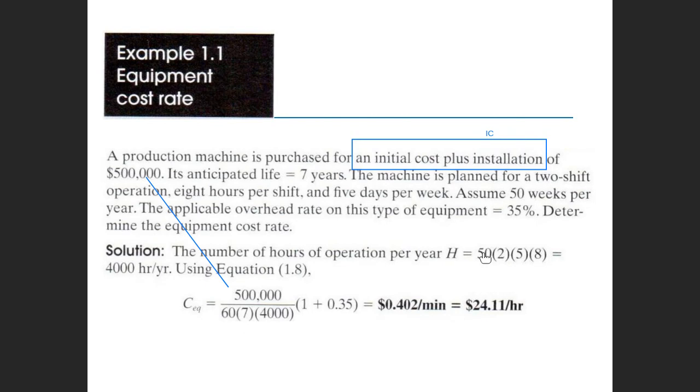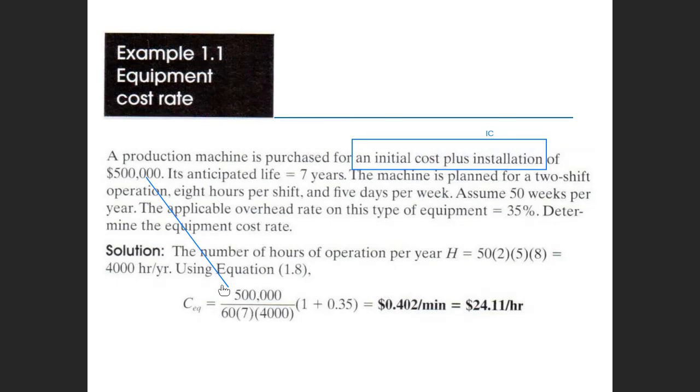Hours per year: 16 hours per day, 5 days per week, multiplied by 50 weeks, gives 4,000 hours per year. Then 7 years multiplied by 4,000 hours per year multiplied by 60 to get minutes.